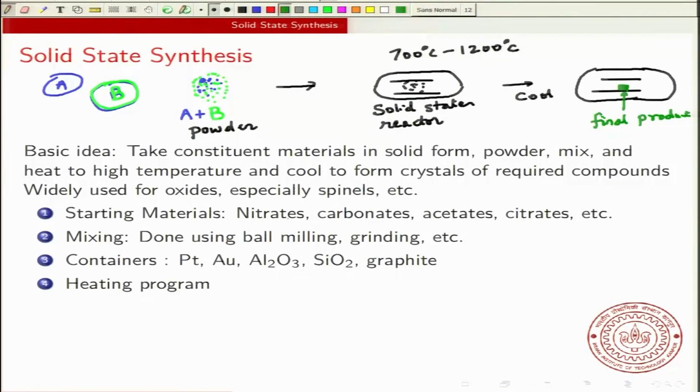So, suppose you take a nitrate and heat it, then NO2 gas is evolved, and you get the oxide. But basically you decide which one of these precursors to use, and that is very specific to the material that is being synthesized.